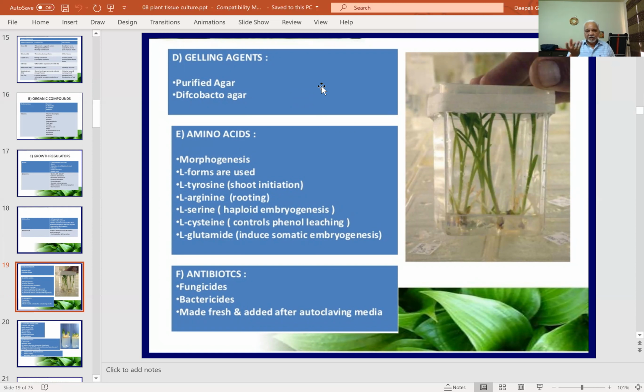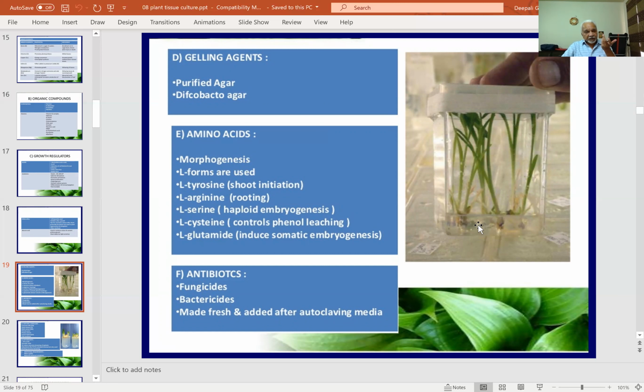The media is not liquid, so it has to have gel formation to give a sort of soil-like environment to the growing and differentiating tissues. That is provided by agar-agar, so it gives support to the growing plant.